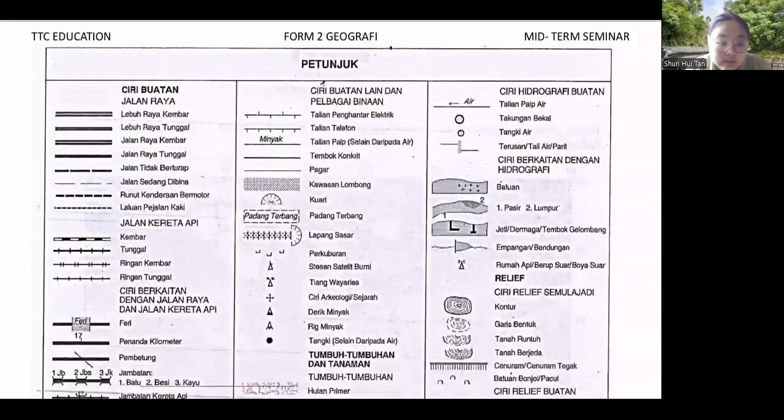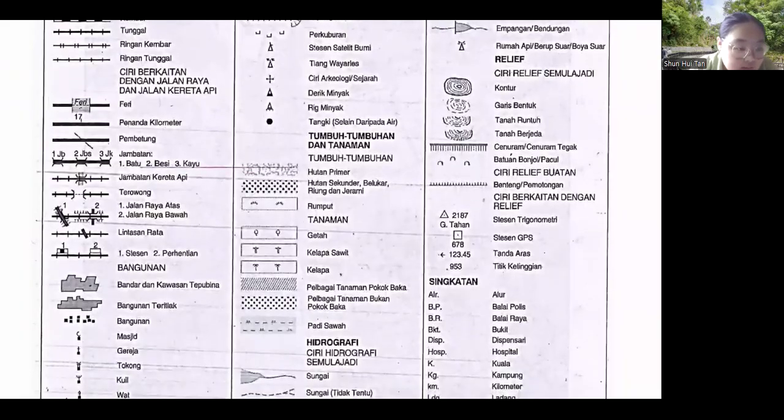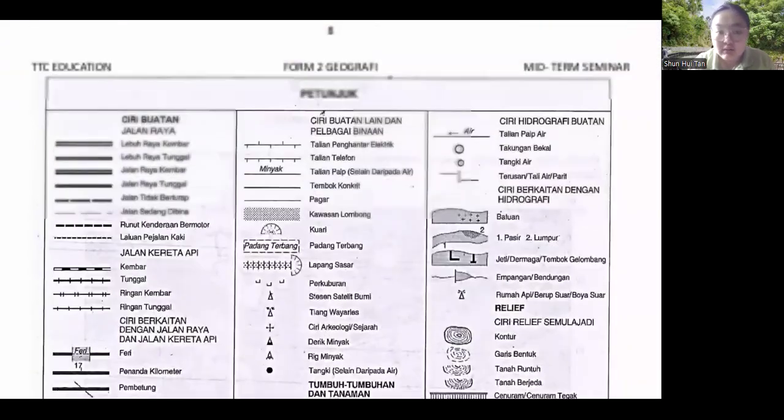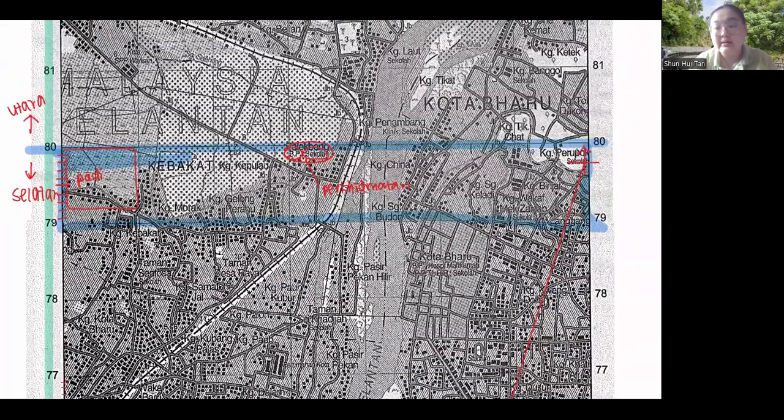Sekejap, where? I'm a bit blind. Here. You see, they just use the word bangunan, buildings. It can be house. It can be shop lot. So, shop lot means what? People are doing business, right?